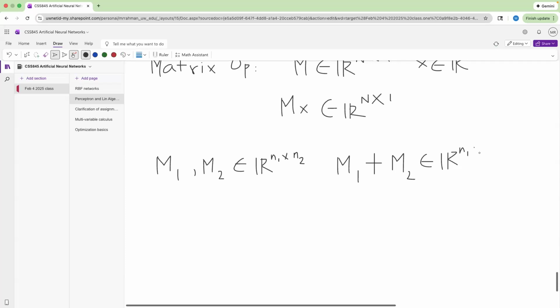The way we do this is entry-wise addition of the entries. The other operation is that you can multiply by a scalar, which multiplies the scalar by all the entries in the matrix, and the result is also in the same space. So that should be clear.